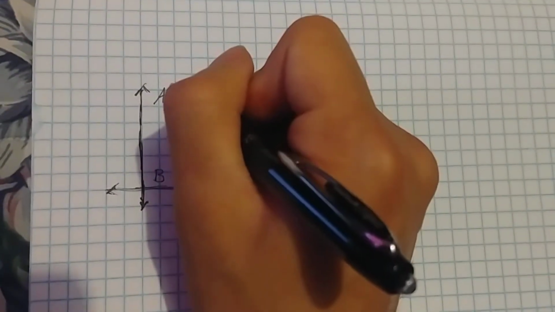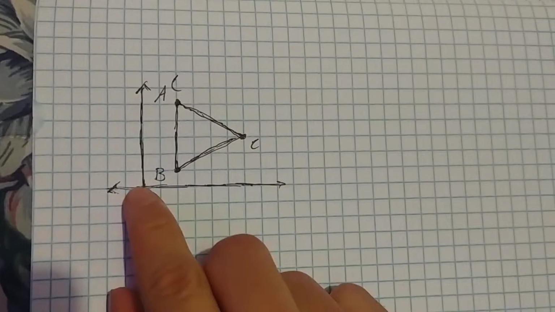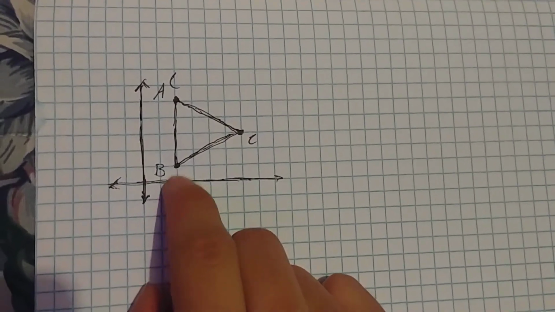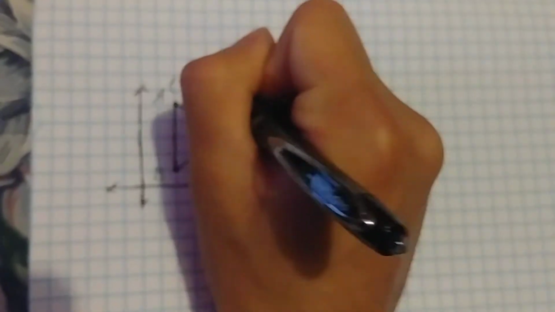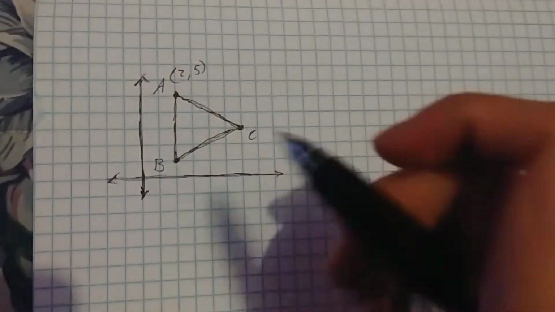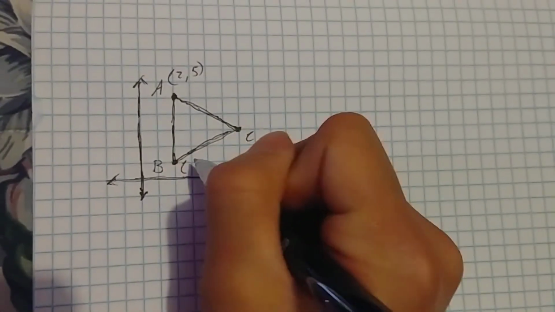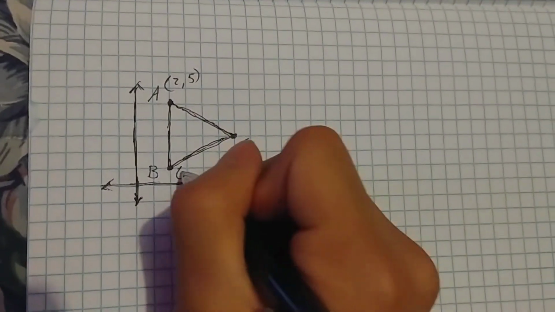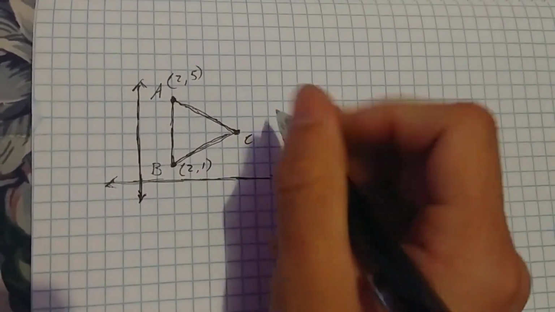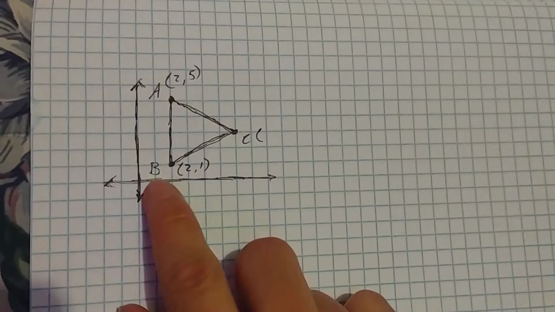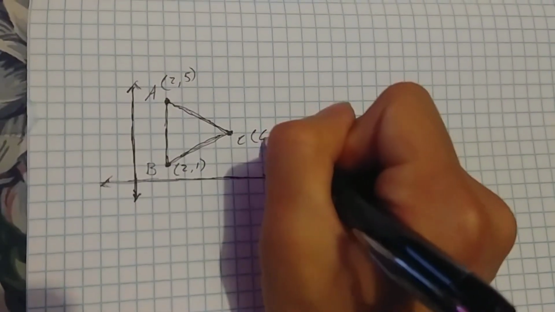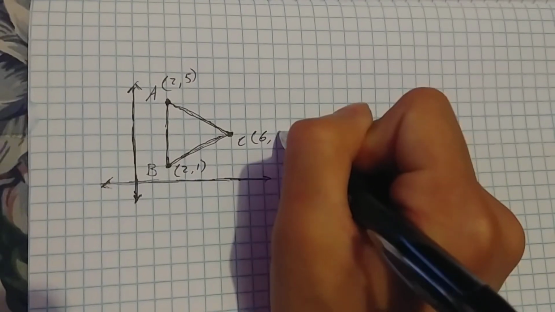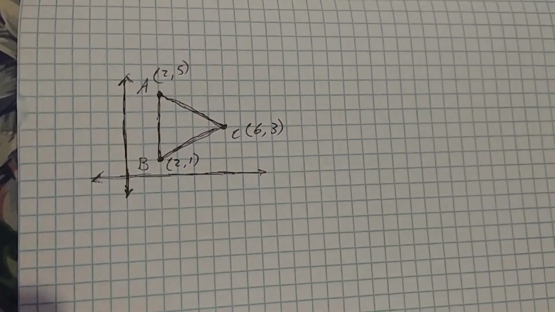Point A is at, let's see, we go 2 and up 5. So 2, 5. Point B is at 2, 1. And point C is at 6, 3. There you go.